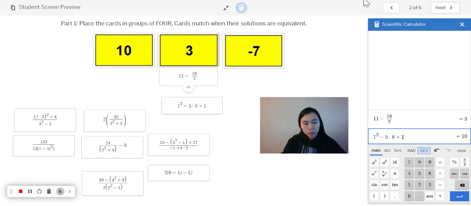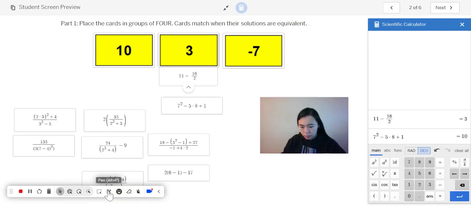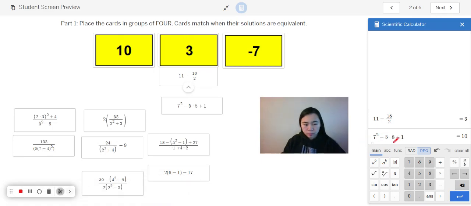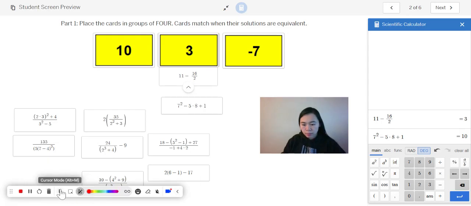So that's another way you can type that using your calculator skills. Oh, actually, I can't type. Here we go. You can type 7, this button, which is Shift 6, and then your exponent. That will also create 7 squared. Okay, so that one equals 10, so you're going to drag that over to 10.